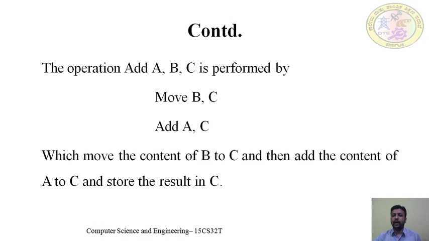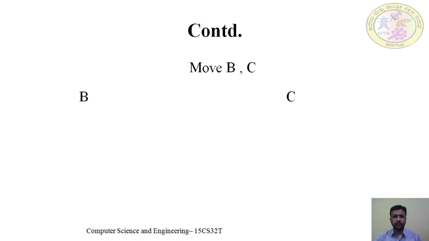Let's look at how this works. So we have the instruction move B comma C. Okay, let's take B having some value 5. It needs to move to C. So C contains the B value 5.